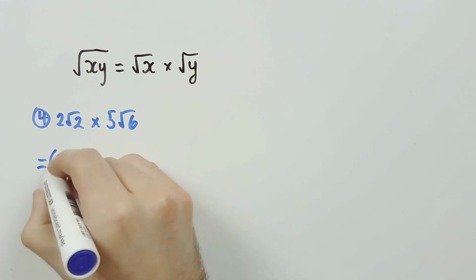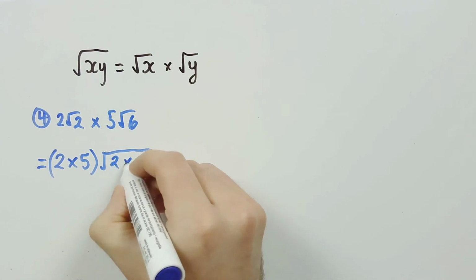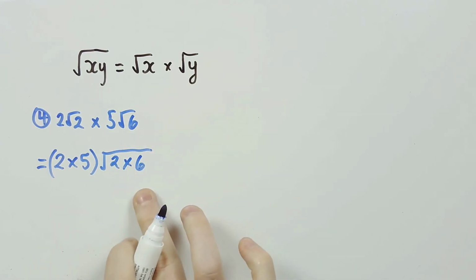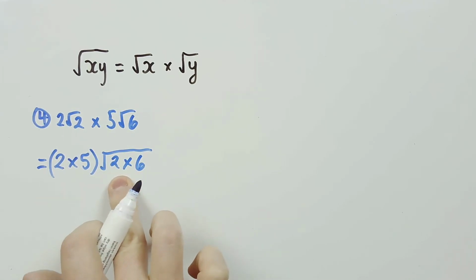And then we can, under the surd, combine all of the components within surds. So we're left with 2 times 5 outside, and within the square root, we're left with 2 times 6.